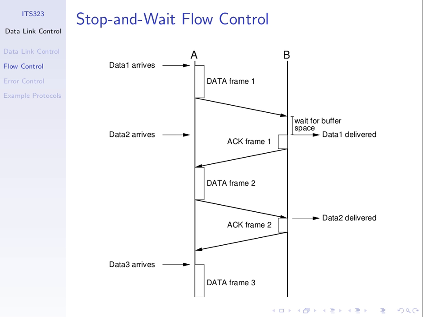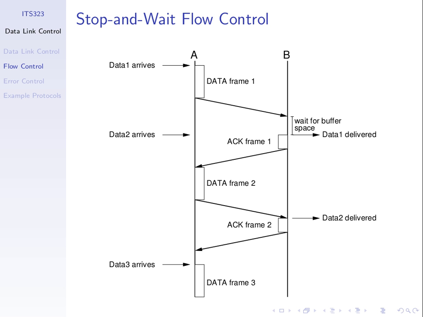It receives data frame 1 and stores it in the buffer, so it fills up the buffer. Because the buffer is full, it cannot receive any more frames. If it did receive more data frames, it would not be able to store them in the buffer and therefore would lose that data. That's what we don't want. So it waits until some space becomes available.